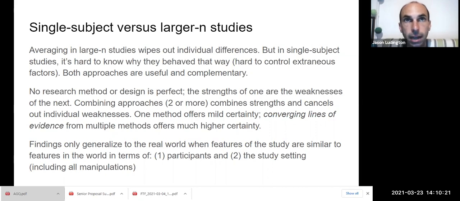Otherwise, there's a lack of external validity. External validity means that what you find in your experiment is also true in the real world. So if your setting is similar to the real world, then you have better external validity, which means that your results are more likely to be valid in the bigger picture, in the real world.